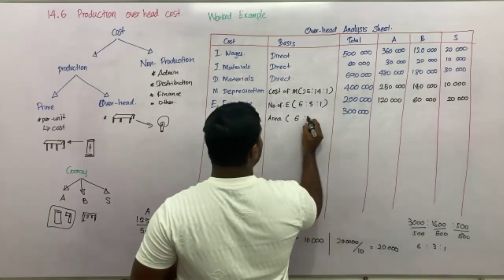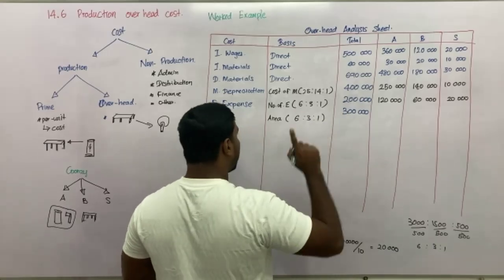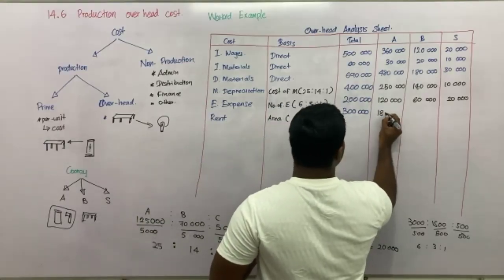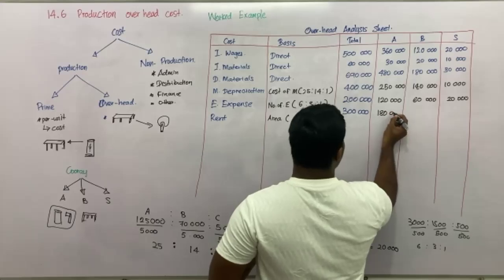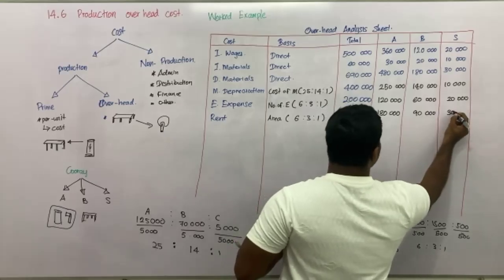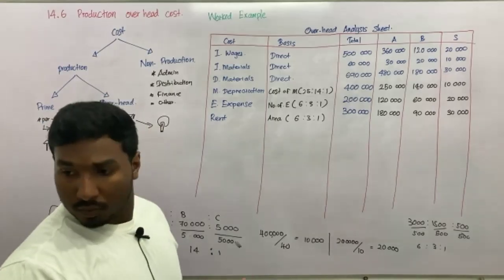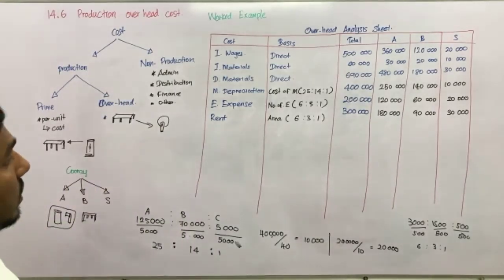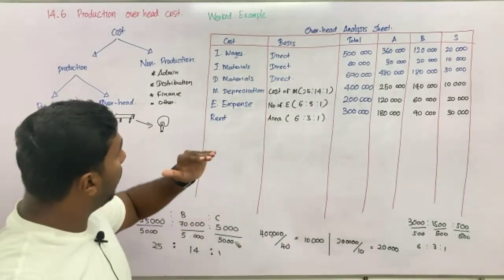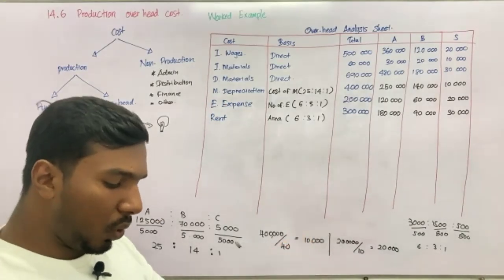Again 6 into 3 into 1. So 300,000 divided by 10, one portion equals 30,000. So 180,000, 90,000 and 30,000. Okay, so this will be the appropriation for the overhead expenses.